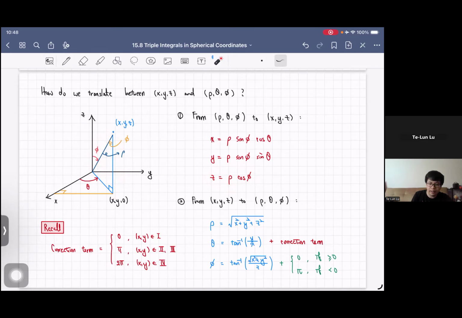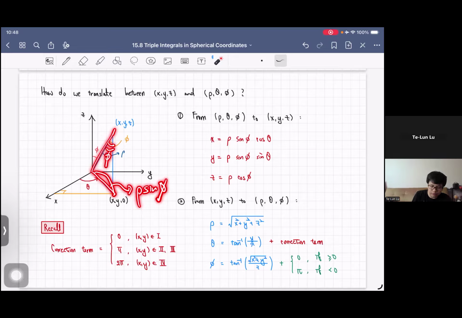And to find x and y, we first find the base here, and then we project the base onto the x-axis and the y-axis. Again, by this right triangle, we see that the distance from here to here is rho times sine phi. So this here is rho sine phi.